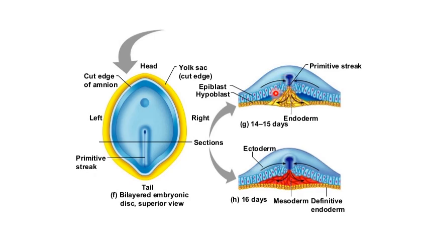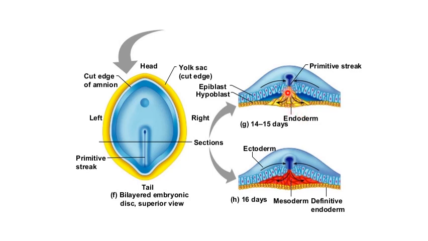Now cells below this primitive streak, so this is the primitive streak, below this primitive streak, cells from the epiblast will detach, divide and form a continuous layer like this. This is the endoderm. So, the first germ layer to be formed is the endoderm.